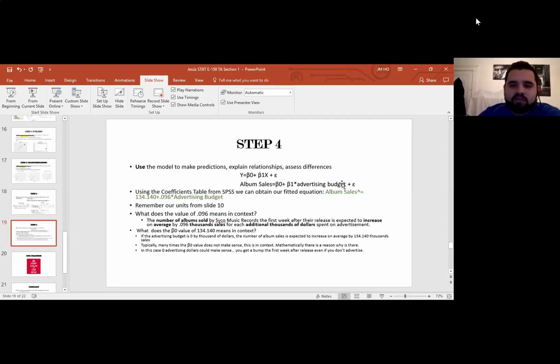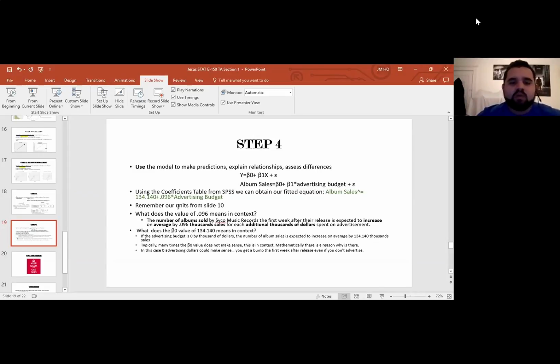Well, remember that for the regression formula, the original formula, there's an error term. Once we do the fitted equation, the error term goes away. So these are two things to keep in mind. Add the hat on the fitted equation. Do not write the error on the fitted equation. Just two basic rules that a lot of students forget and get points off. The error only stays on the original formula before you have added the values.